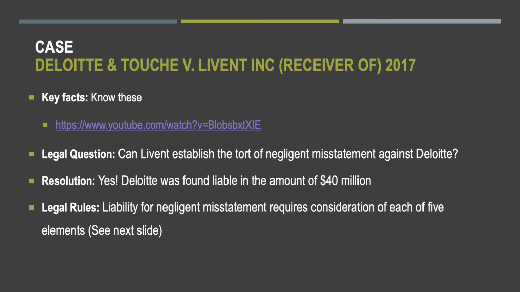Instead, for the purpose of helping Livent to solicit investment, Deloitte helped prepare and approved a press release issued in September 1997, which misrepresented the basis for the reporting of the profit. In October of 1997, Deloitte provided a comfort letter for a public offering. It also prepared Livent's 1997 audit, which it finalized in April of 1998.